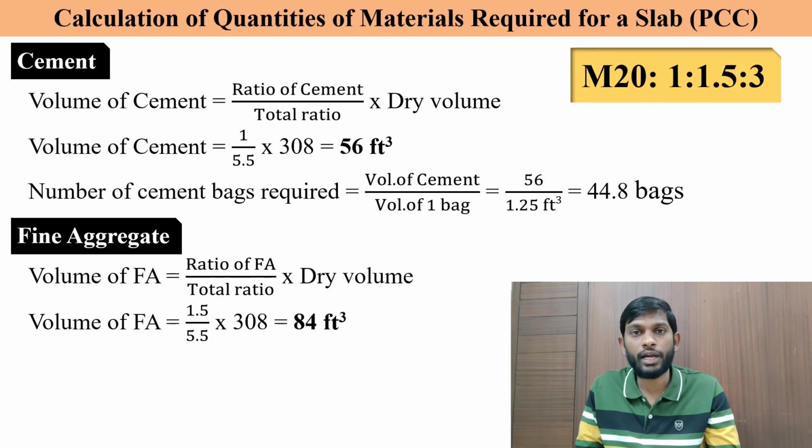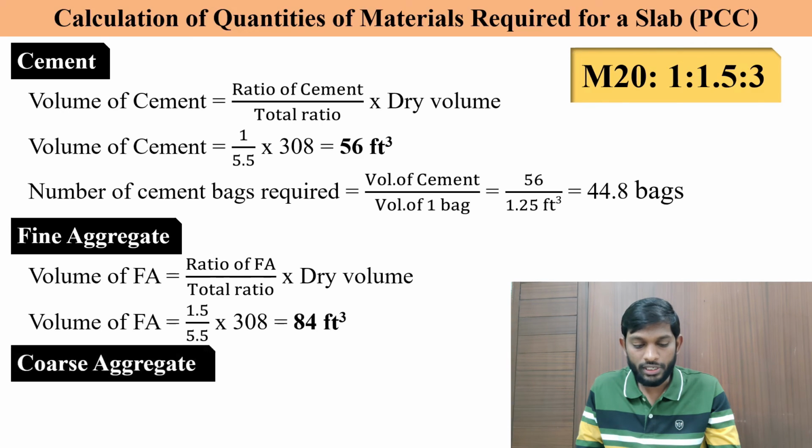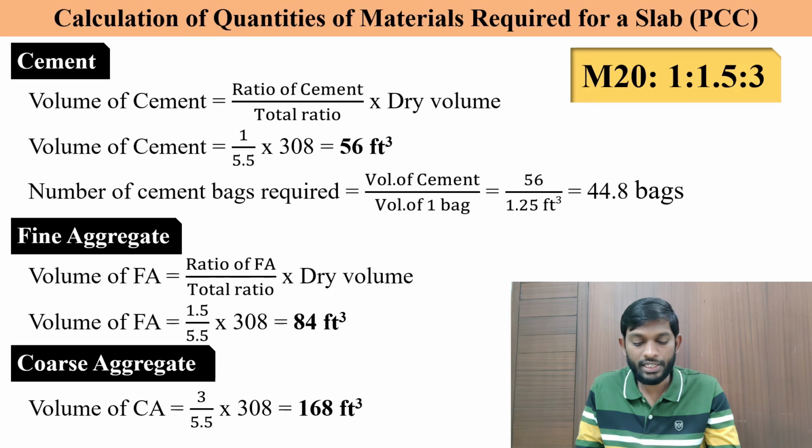Similarly, we are going to calculate the coarse aggregate quantity as well. Volume of coarse aggregate equals ratio of coarse aggregate, which is 3, divided by total ratio, that is 5.5, into 308, which is the dry volume. So upon calculating, the volume of coarse aggregate is 168 cubic feet.